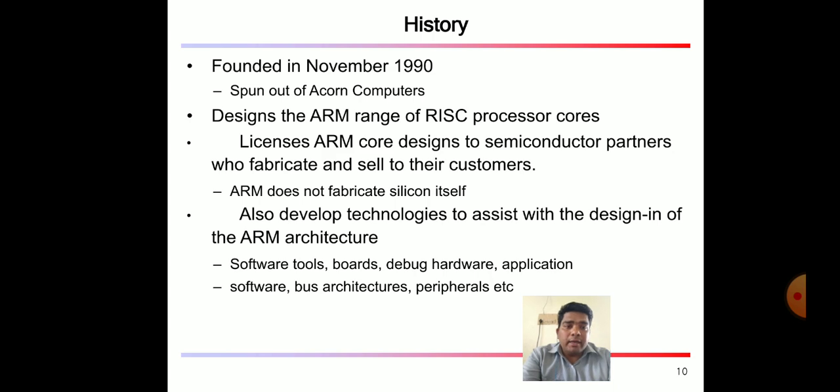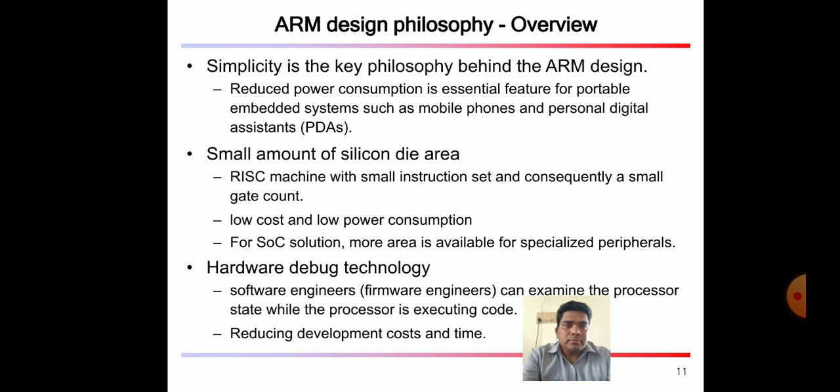It also develops technologies to assist with the designing of ARM architecture. Here we have software tools, boards, debug hardware, application software and software buses for the architecture, and peripherals, that is serial and parallel, like that.